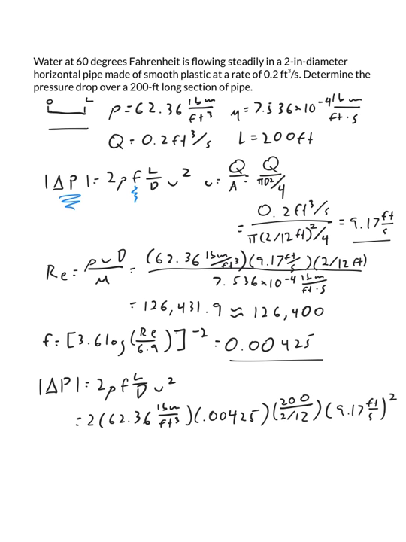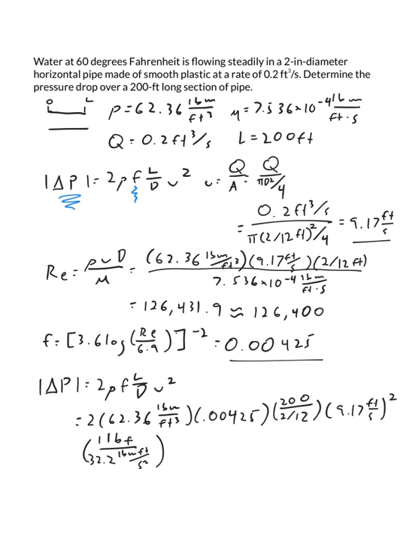But I am not going to stop there. This result will give me something with pound masses in it, which is not a normal unit of pressure that anyone uses. So I want to make sure to convert using this conversion, which you should remember from your previous classes in this major. 1 pound force is equal to 32.2 pound mass feet per second squared.